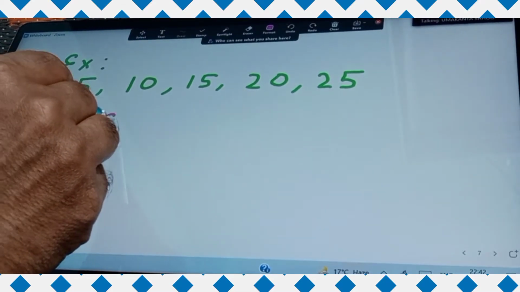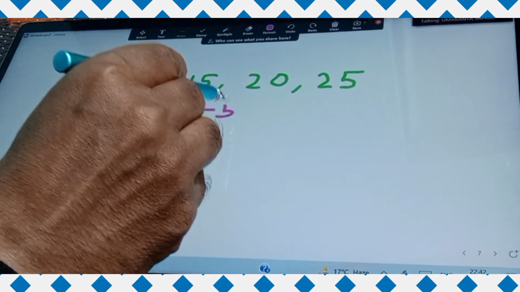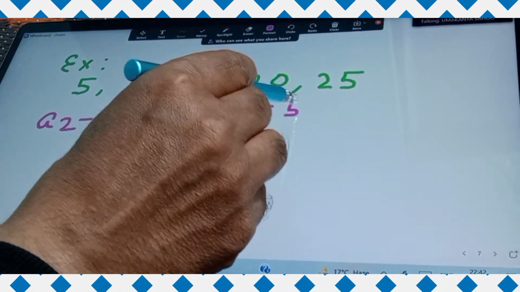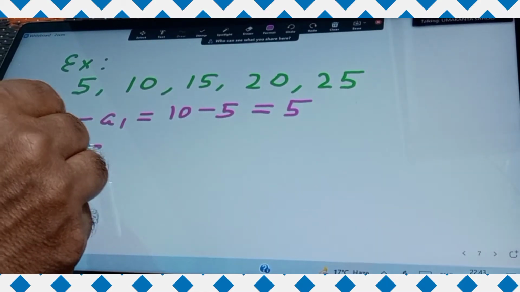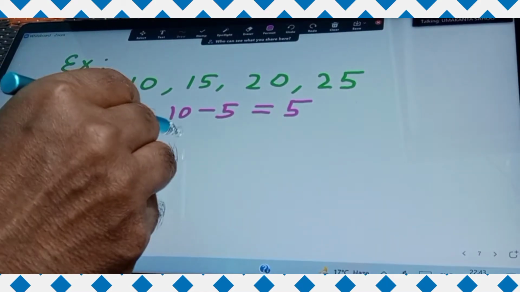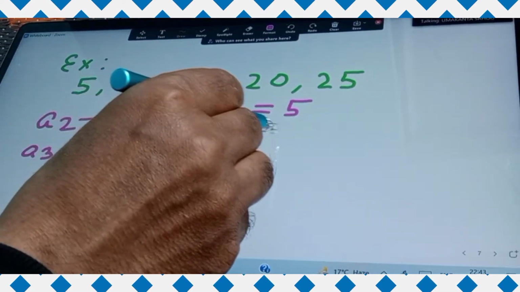A2 minus A1, what is the value? 10 minus 5 is 5. Then A3 minus A2, 15 minus 10, is also 5.